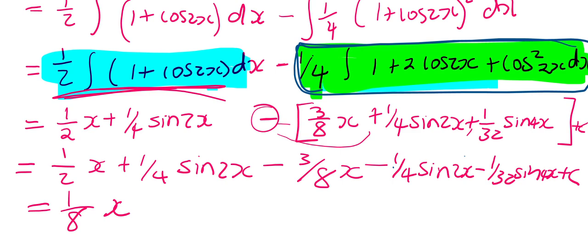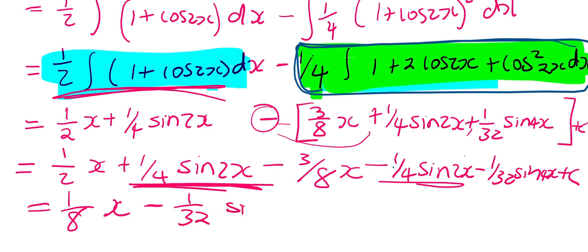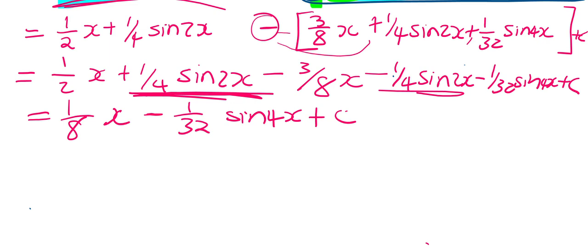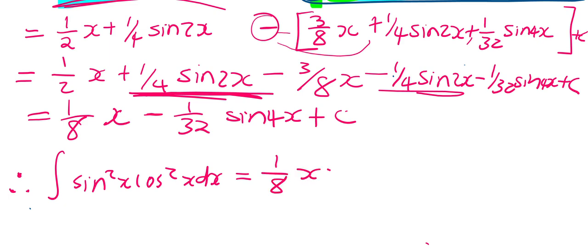And then 1 over 4 sine 2x minus 1 over 4 sine 2x, that's 0. And then which term are we left with? We're left with minus 1 over 32 sine 4x plus c. Therefore, we were able to solve our integral, which is sine squared x cos squared x dx, to be equals to 1 over 8 x minus 1 over 32 sine of 4x plus c.